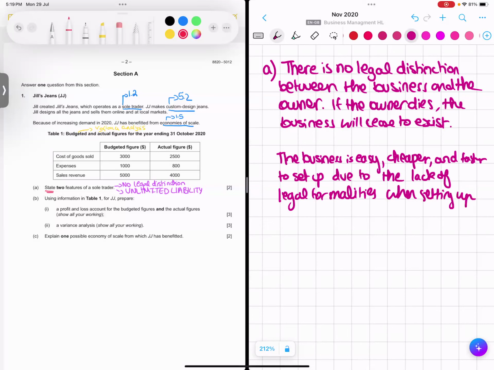Okay, guys, I think these answers are really good, and I'll explain why. First and foremost, in IB business management, in any IB exam, no matter what subject you're taking, when the examiner is correcting your paper, they need to follow something called a mark scheme. If you don't know what that is, it's basically a set of answers. So here, you used business management terminology, like cease to exist, no legal distinction.